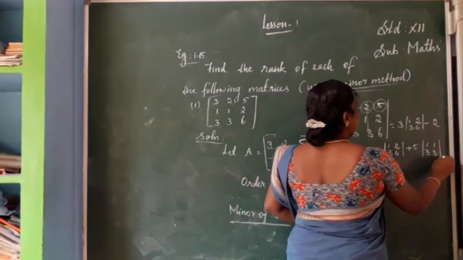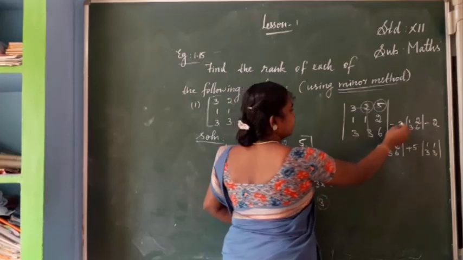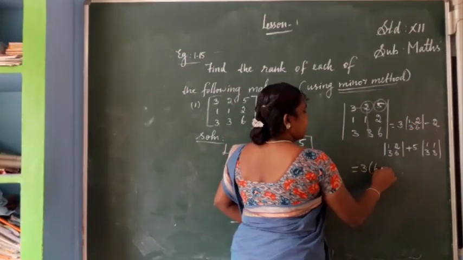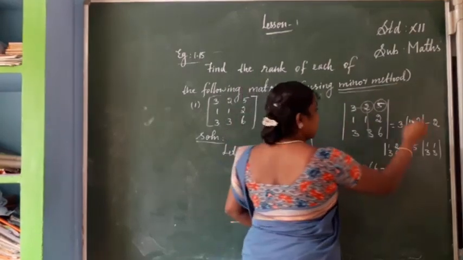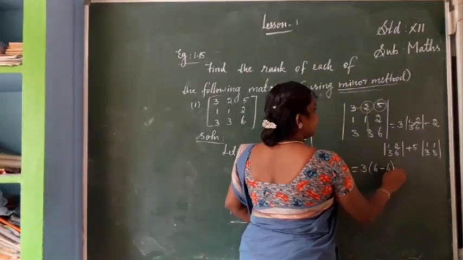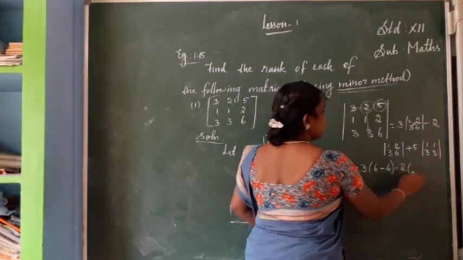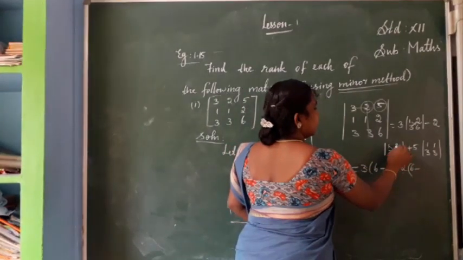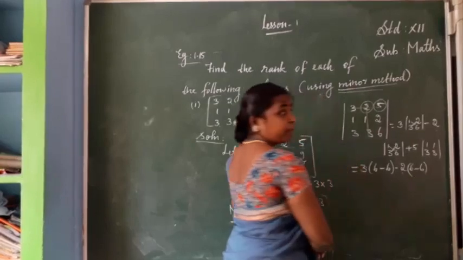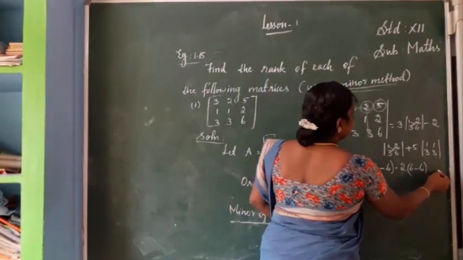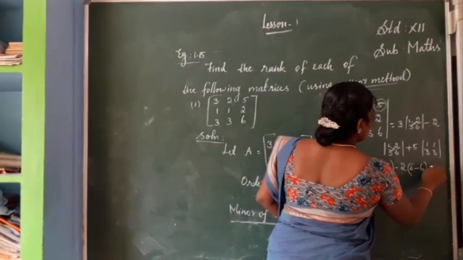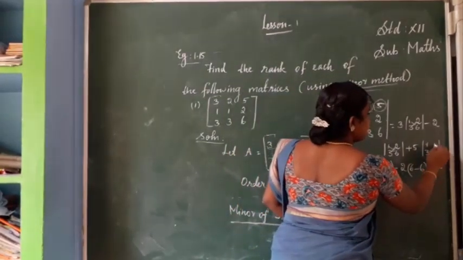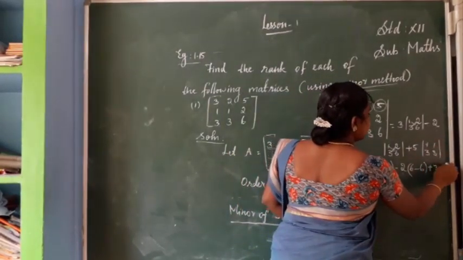You can write it shortly also. 3 into, multiply 1 6 is 6, 3 2s are 6, minus 2 into, 1 6 is 6, 3 2s are 6, plus 5 into, 1 3 is 3, minus 1 3 is 3.